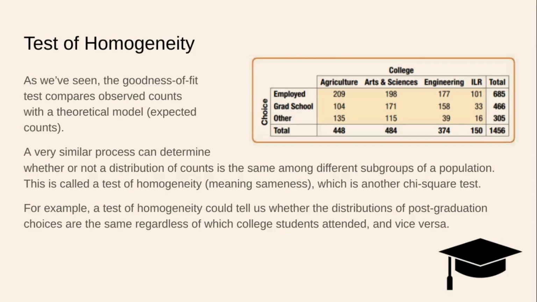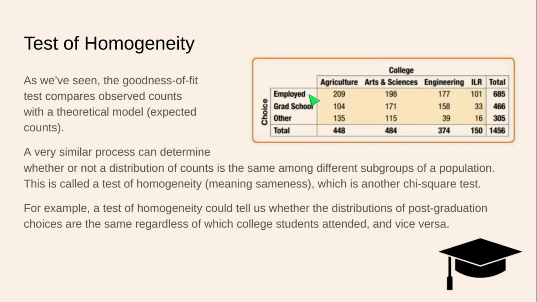So a test for homogeneity could help us determine, is there a difference between going to the College of Agriculture, Arts and Sciences, Engineering, or ILR, which is Industrial Labor Relations? Is there a difference among those students in each of those colleges in terms of what their post-grad plans are?